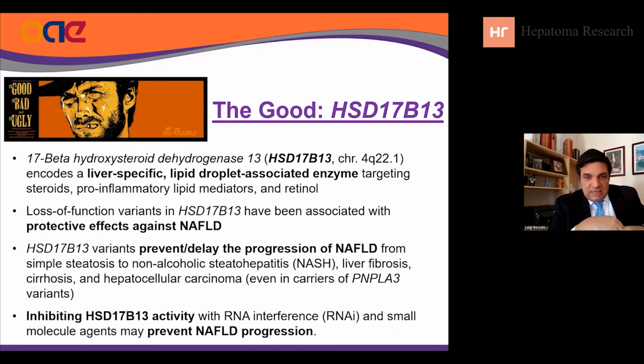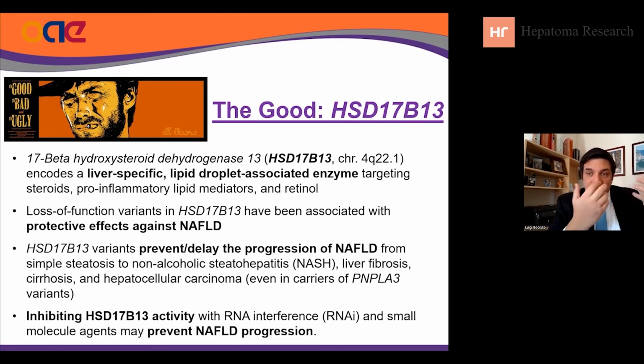HSD17B13 variants. Even, and this is a recent study, even in individuals that are carrying the variants on the bad gene, the PNPLA3. So you can see how there are many actors at play here, many potential genetic factors playing, and some of them are playing against each other.